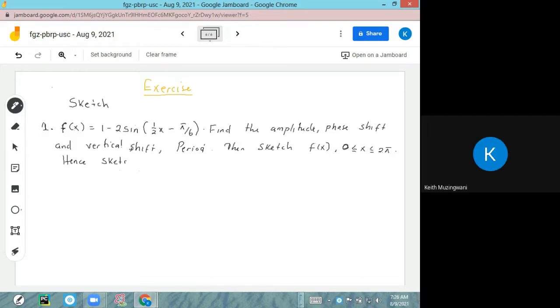Hence sketch on the same graph f of x is equal to 1 minus 2 cosec half x minus pi over 6 on the same sketch.